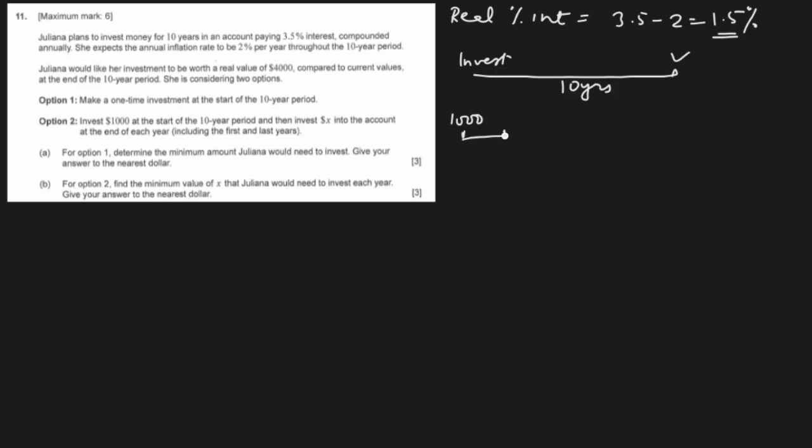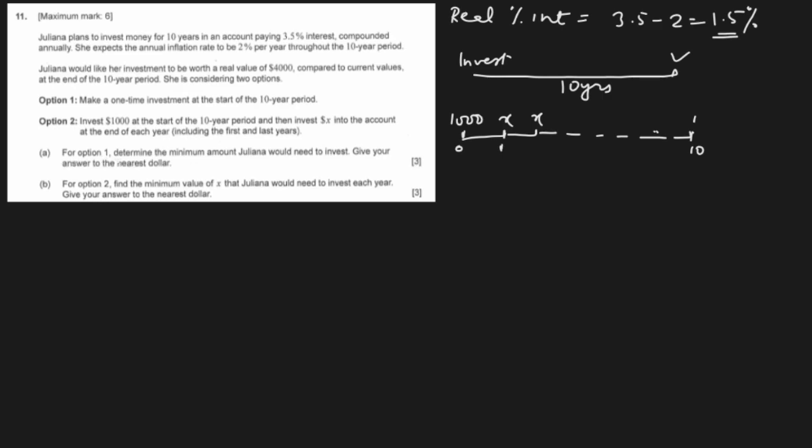So at the end of 1 year it will be X, at the end of 2 years X, and so on. If I say 0 years here, this is 1 year, and this will be after 10 years.